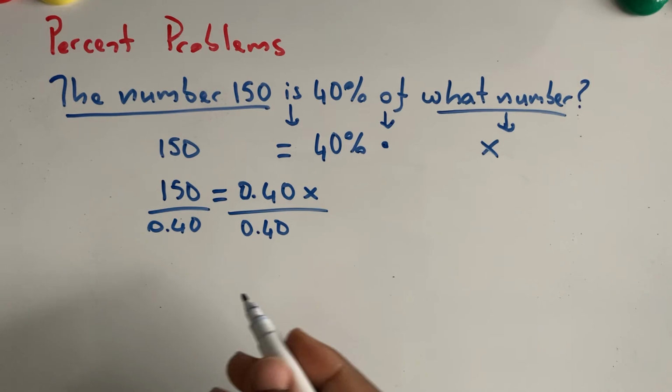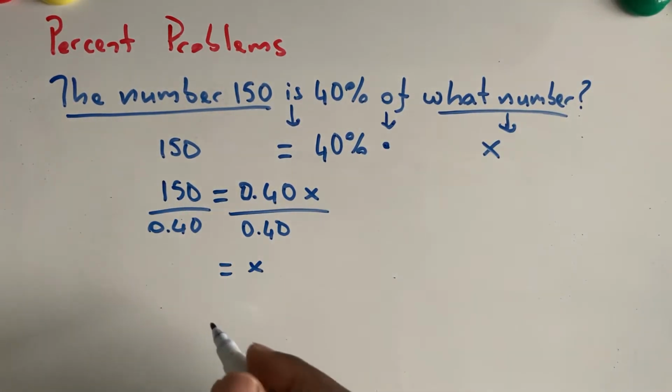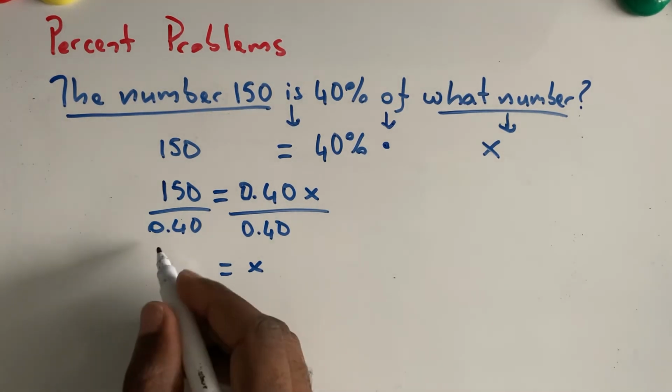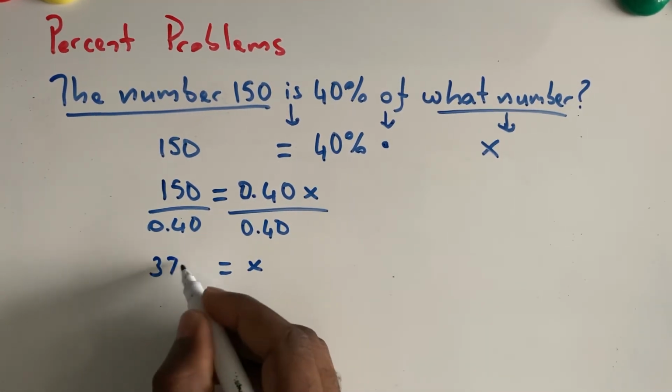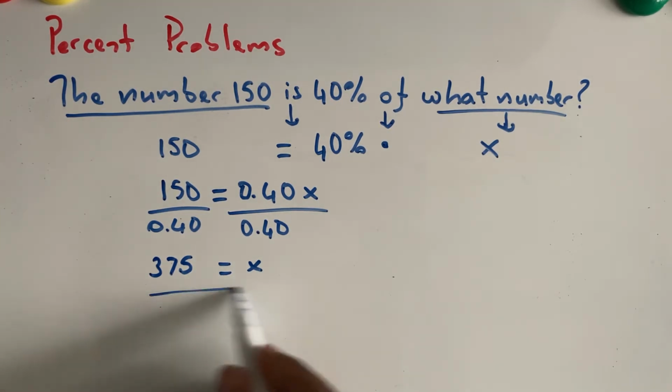So divide by 0.40, and you use your calculator: 150 divided by 0.40, x is 375, okay? So the actual number whose 40% is 150 is 375, okay?